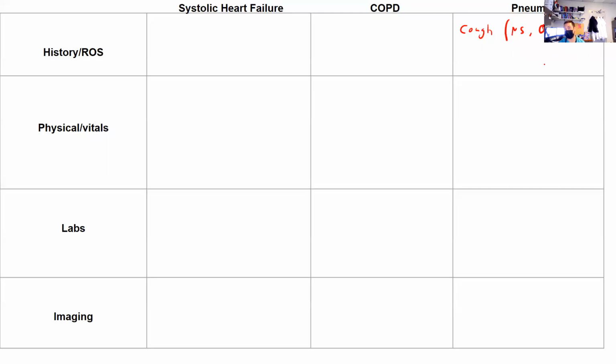So not having a cough gives a 0.2 negative likelihood ratio. The patient did not have a cough. And then sputum is actually a little bit the same. It's not really good for positive likelihood ratio, probably because it's not super sensitive, so it's not significant for that. But for rule out, it's like a 0.5. He did not have any sputum production either. So perfect. Those are great.